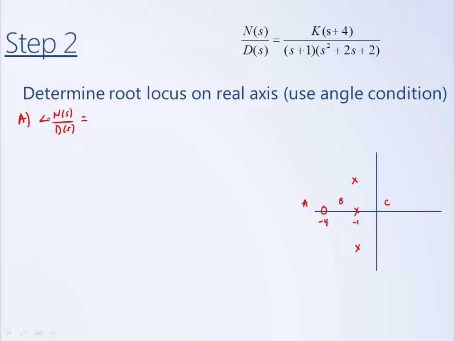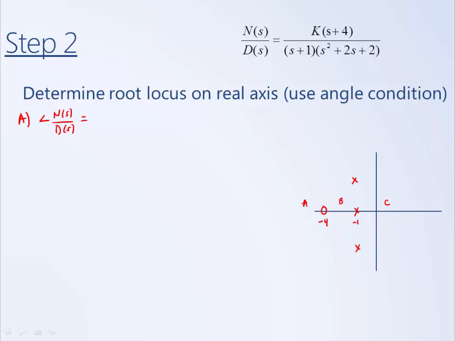And furthermore, if you think back to the very beginning of the class, if you looked at that review material about complex numbers, you may recall that when we're dividing 2 complex numbers, their angles subtract.